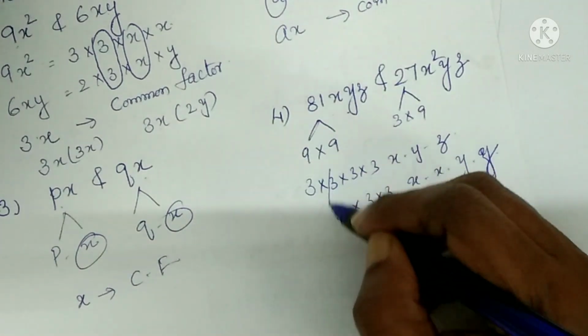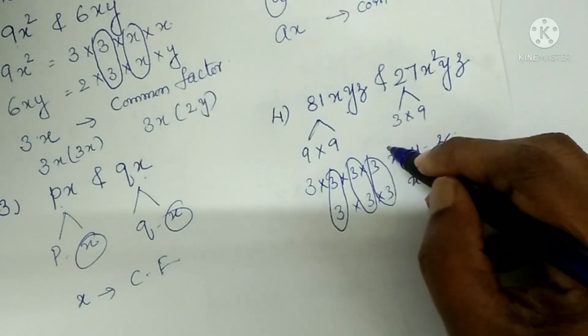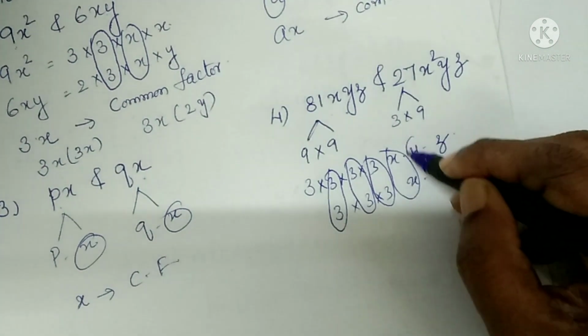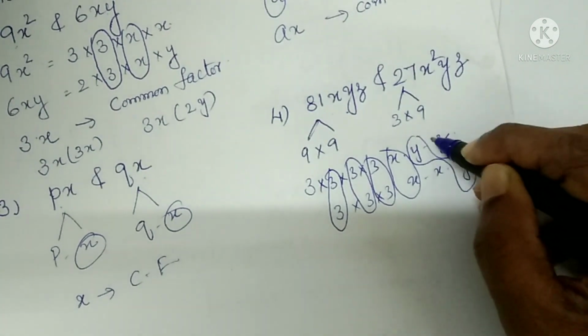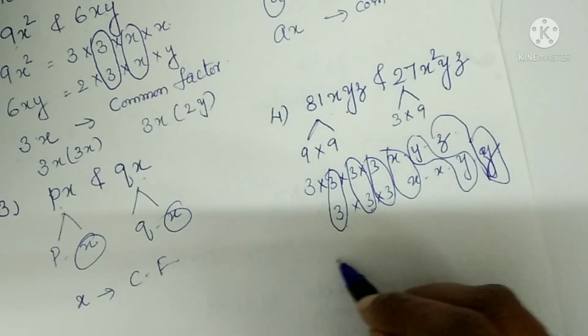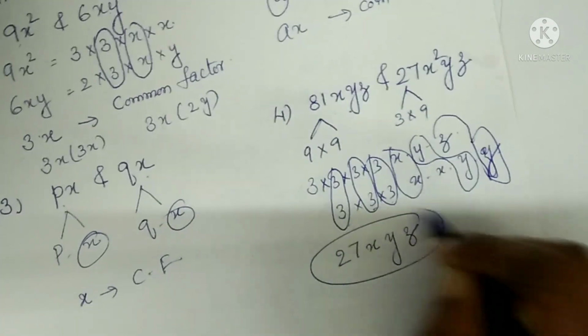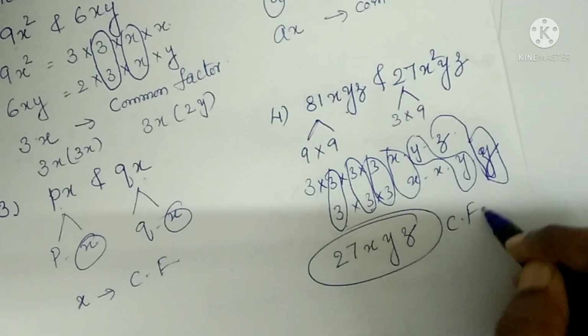So, what are the common factors? 1, 2, 3 times 3. 1 time x, 1 time y, and 1 time z. So, you get 3 3s are 9, 3 9s are 27, x, y, z. This is the common factor.